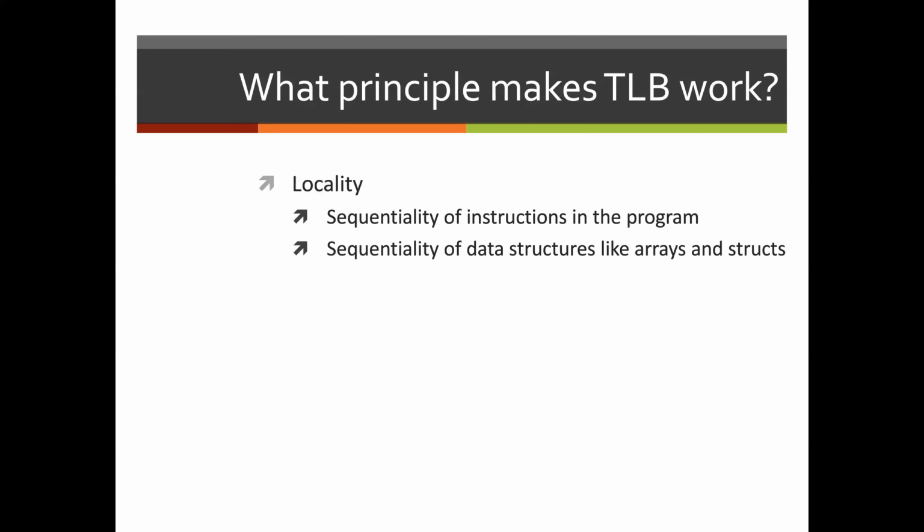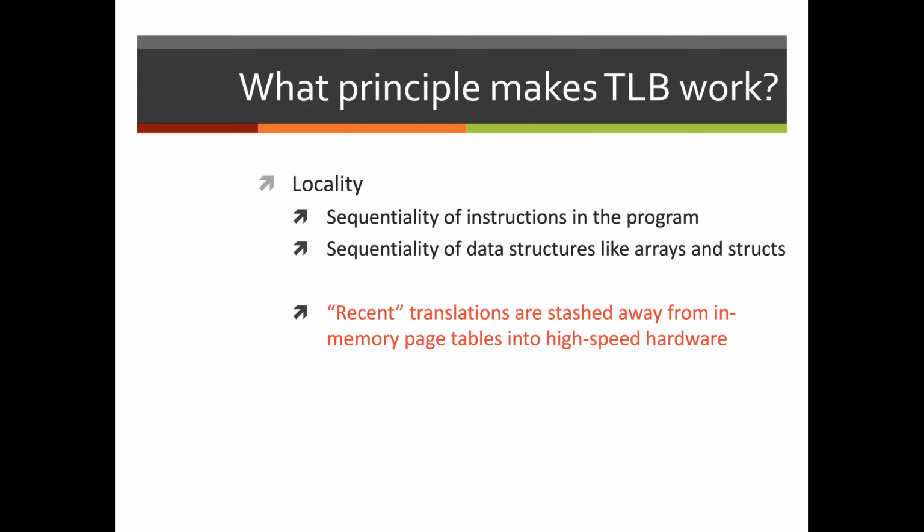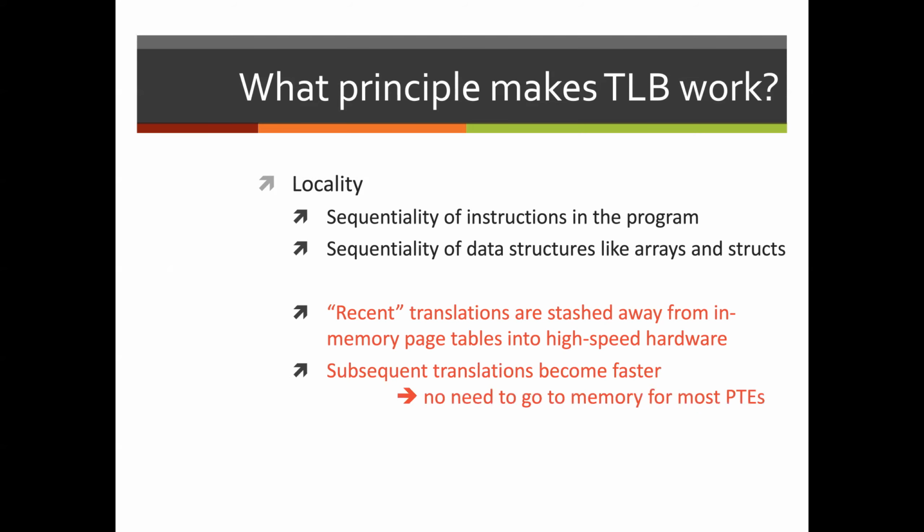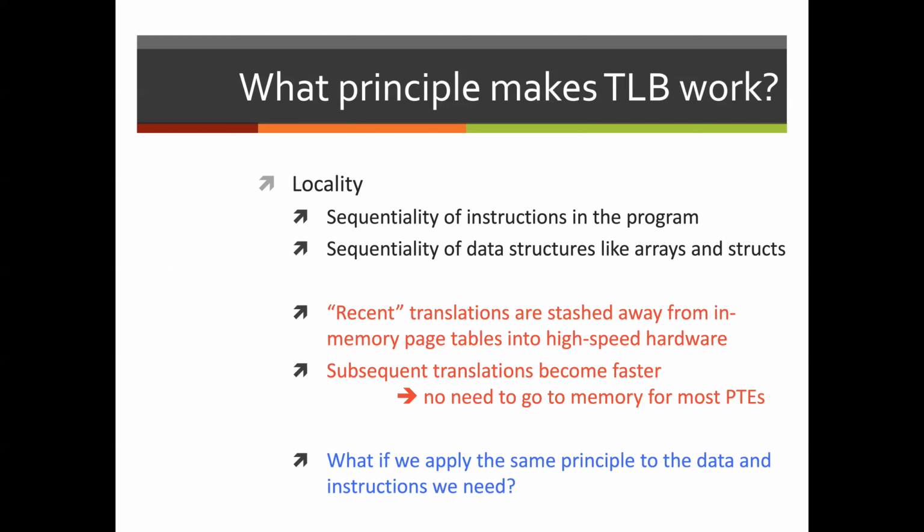So you want to consider that recent translations are stashed away from memory page tables into high-speed hardware. This allows for subsequent translations to become faster, so there's no need to go to memory for most PTEs. So what if we apply that same principle to the data and instructions that we need?